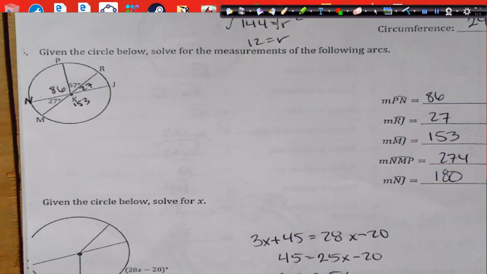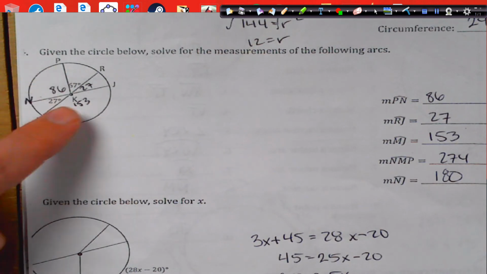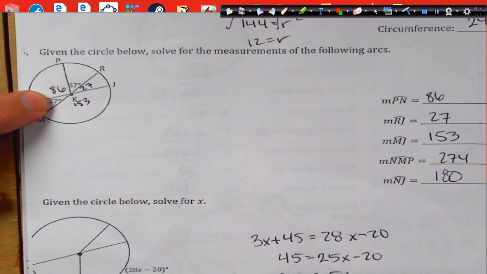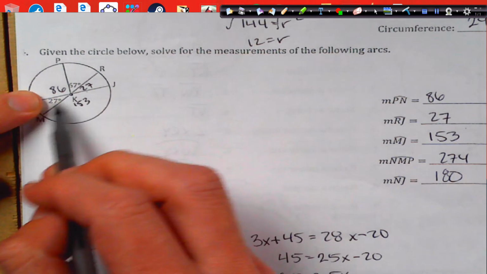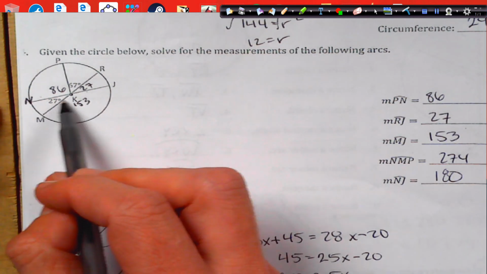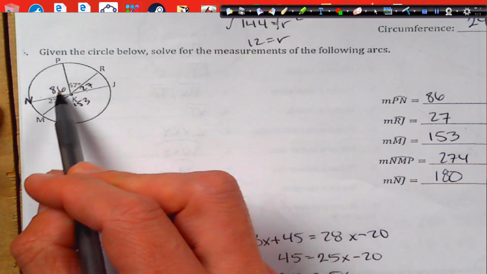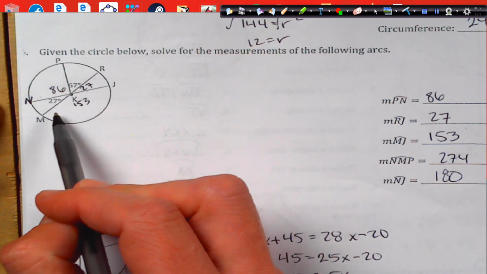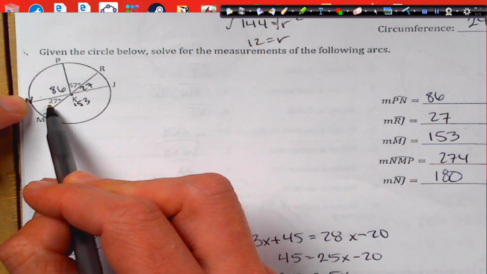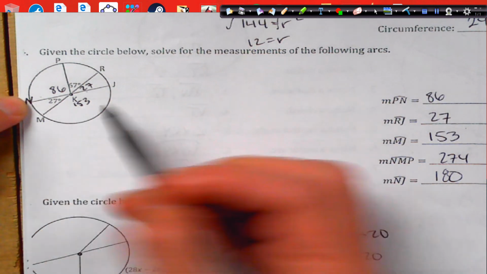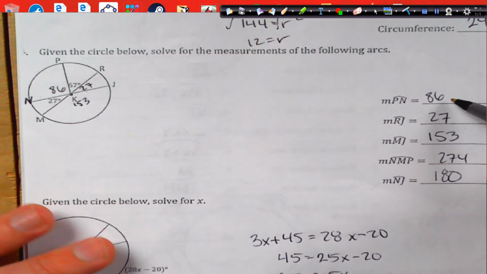All right, the secret to number 4 here, that's an N by the way, is to find all the interior angles first. So 27, I knew this was 27 because they're vertical. And then since NJ is a diameter, I did 27 plus 67, subtracted from 180 to get 86. And then I did the same thing on this side, subtracted 27 from 180 to get 153. Once I knew that, it was pretty easy to find the rest.